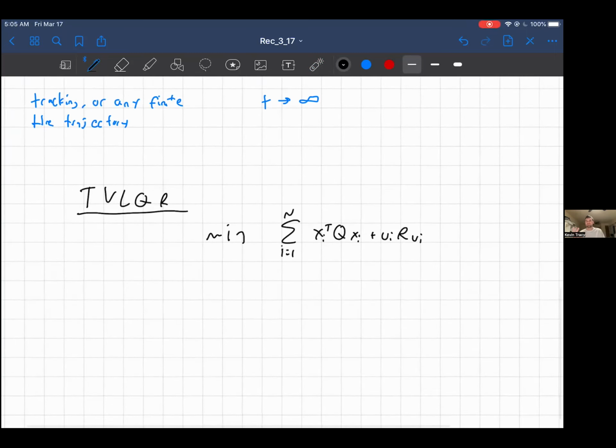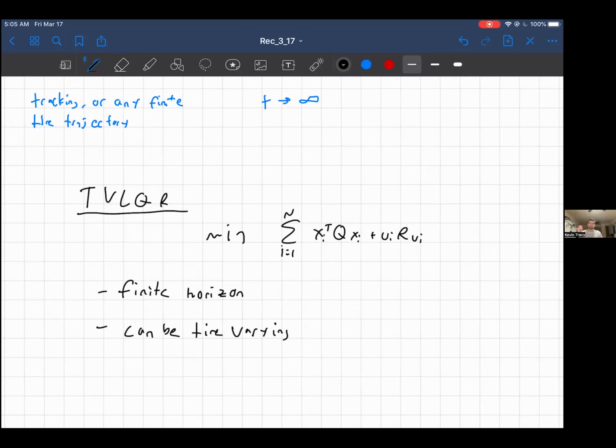And it's good for two really good things. The first thing is that any finite trajectory, we want to use time varying LQR for, or finite horizon. So this will always have finite horizon. And the second thing is that it can be time varying.